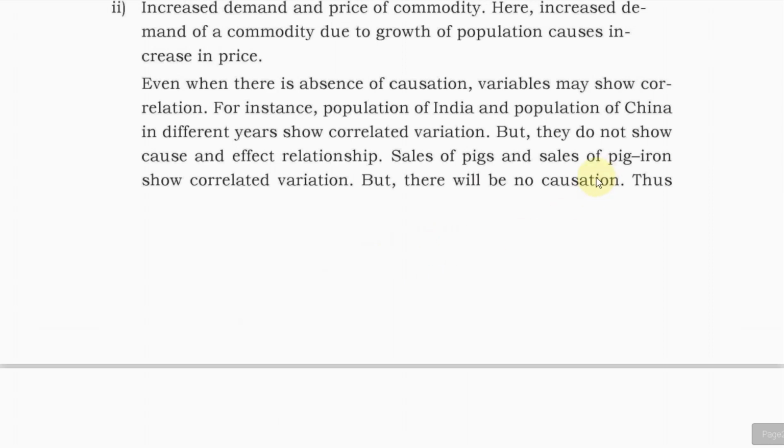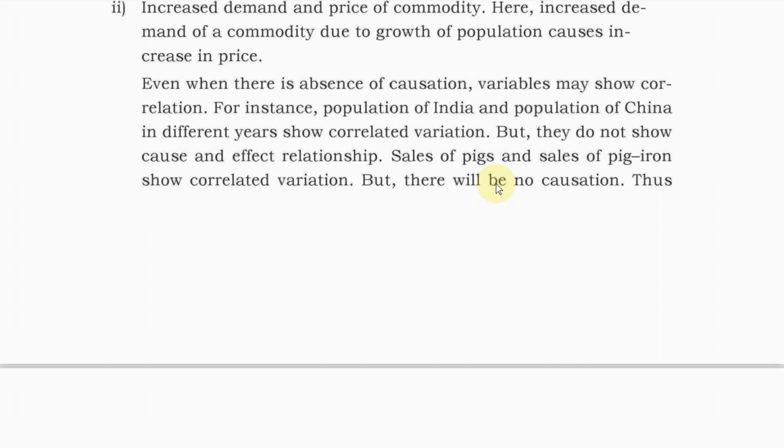So, let us look at the two examples given here. What they intend to say is, for example, population of India and population of China in different years. So, population between two countries, whether they increase or decrease, they are not related to each other. They don't affect each other. The increase in the growth of population in China will not cause anything for the population of India. So, or vice versa.